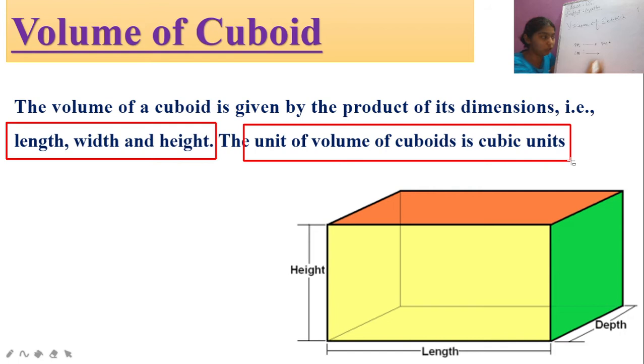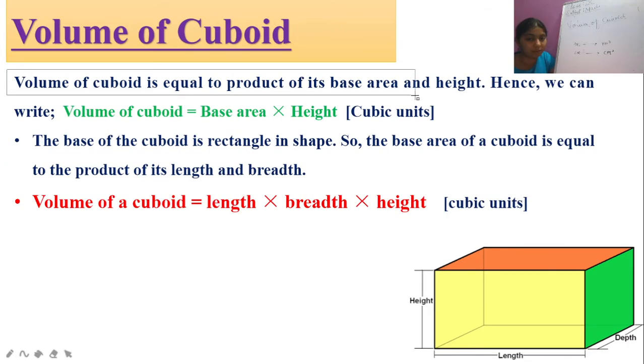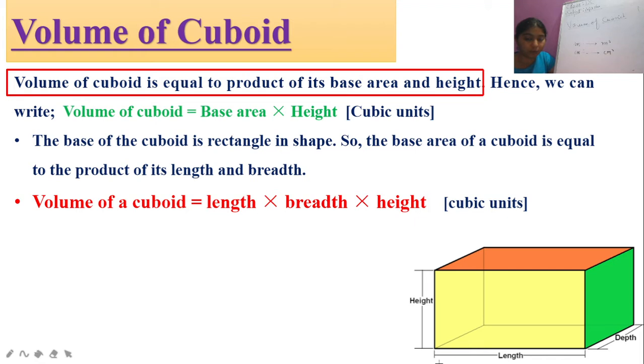So students, we can say that the volume of a cuboid is equal to the product of area of base into height. You can see that the cuboid is formed of 6 rectangular faces, right? So we have a base, which is in the form of a rectangle.